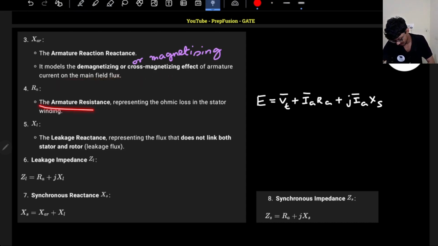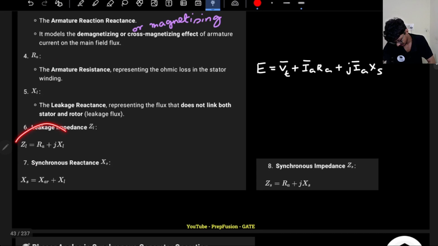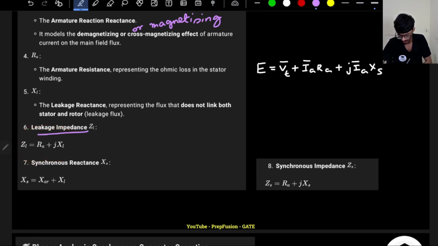R is the armature resistance, XL is the leakage reactance. So ZL is known as the leakage impedance, a combination of Ra and XL, and Xs is known as the synchronous reactance, a combination of armature reactance and the leakage reactance, and Zs we have already discussed, right?